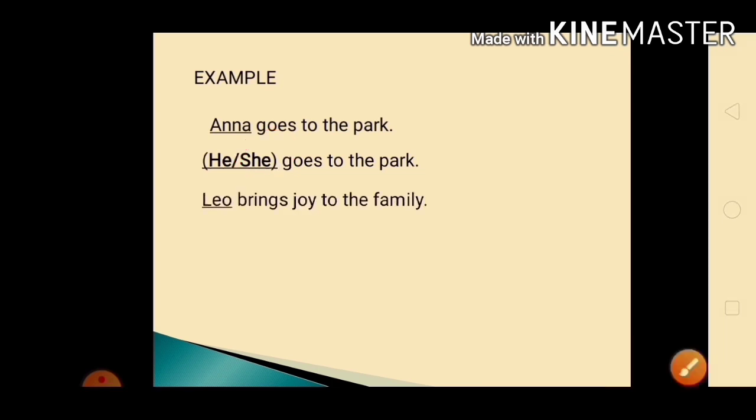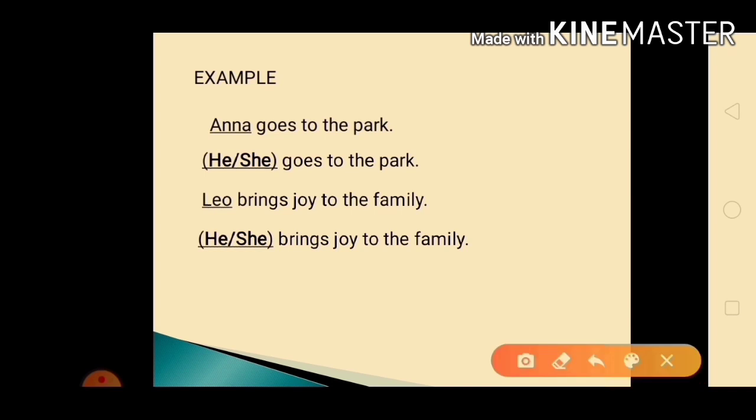Next, Leo brings joy to the family. What pronoun should be used? Correct. The word he. It is because Leo is a boy. That's why we need to use he, because he refers to a boy. How about this? Sarah forgot his or her lunch.